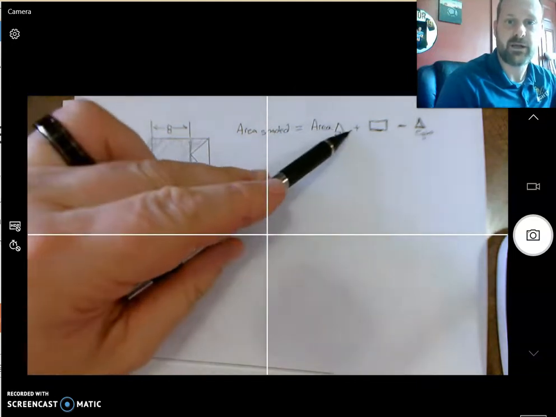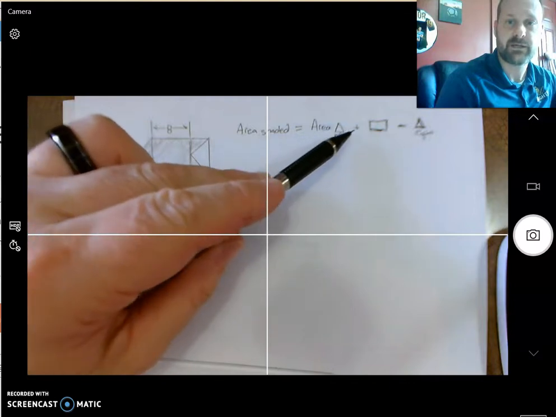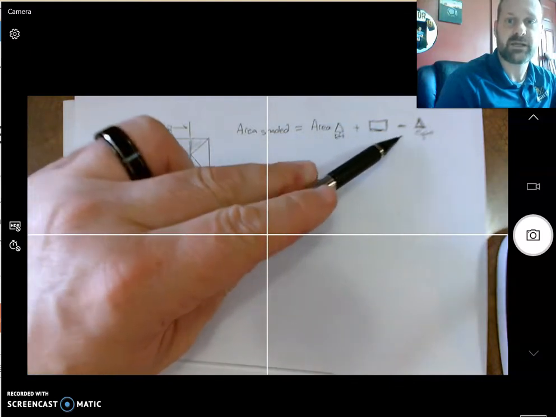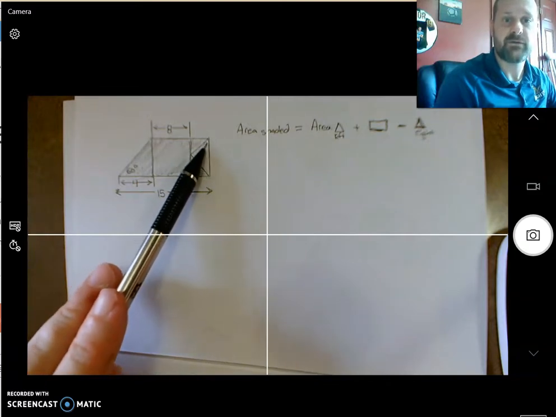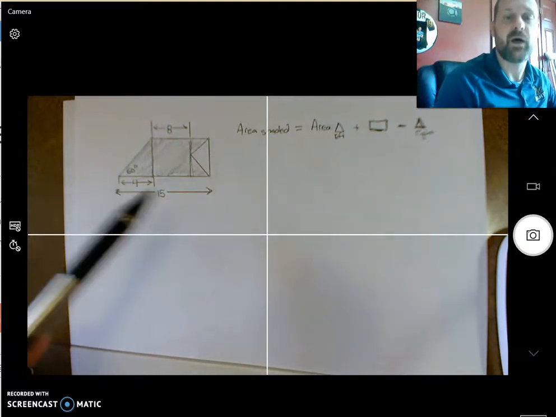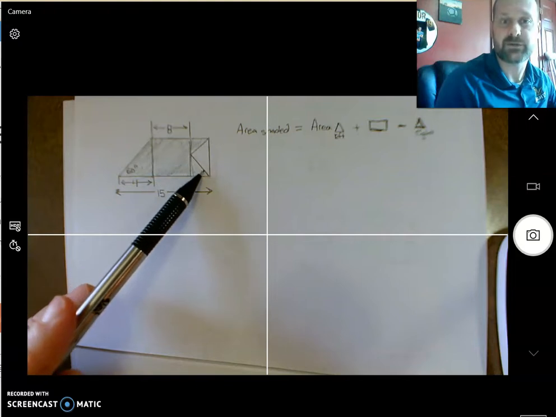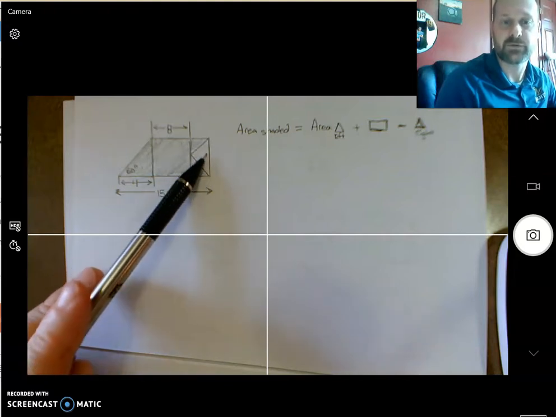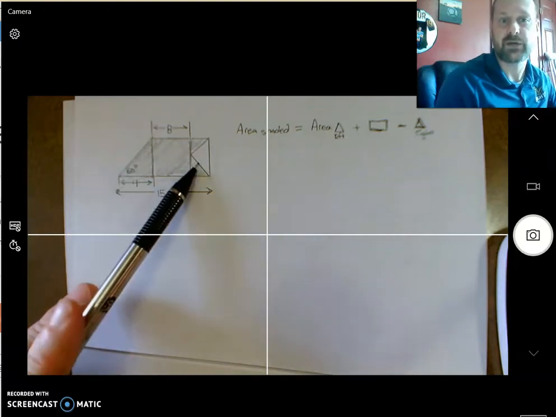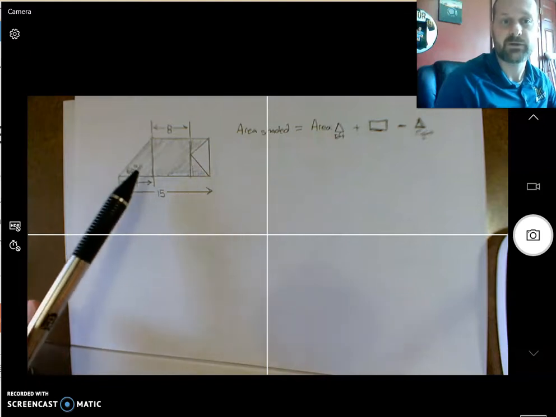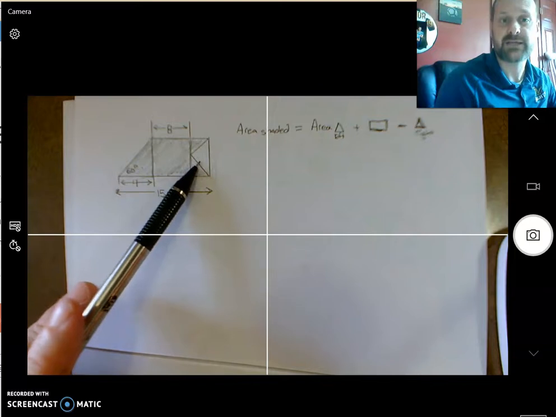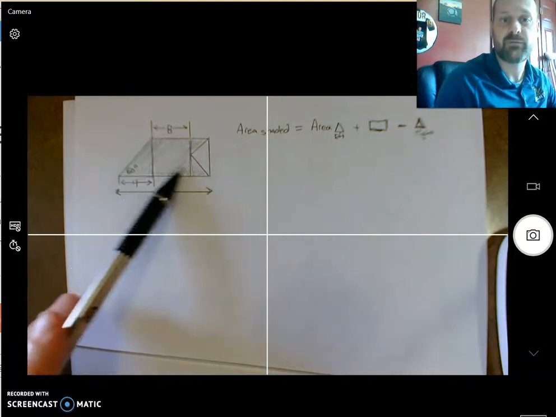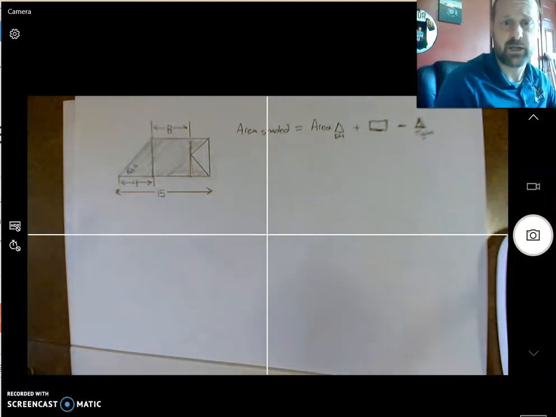So area of the left triangle, that's what that is, plus area of the rectangle, minus the area of this triangle that's on the right. Okay, kind of confusing. So triangle A and triangle B might be better. So triangle A plus big rectangle minus that region will give me the area of what I want. Okay, so let me show you the setup for that.